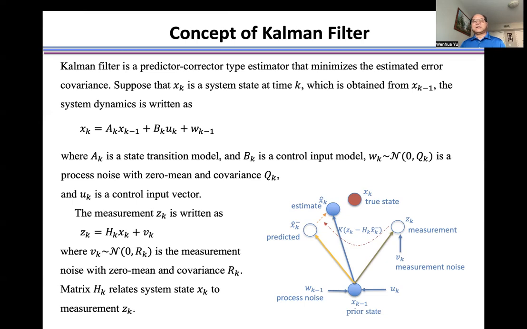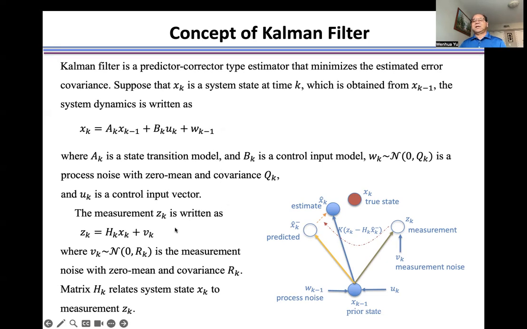So in this case, the Kalman filter is used to generate a more accurate trajectory based on the dynamic process error and the measurement noise.